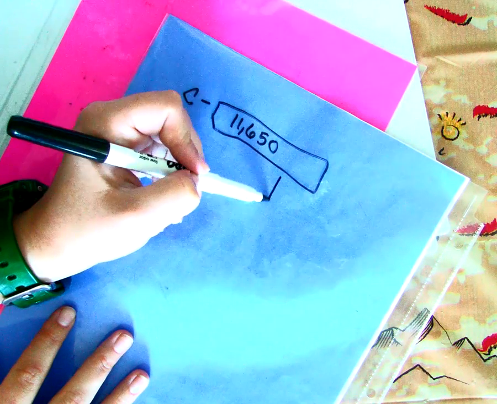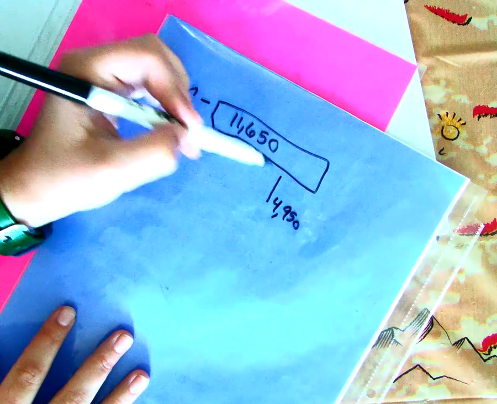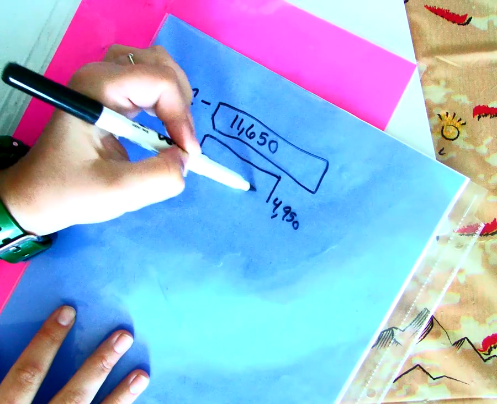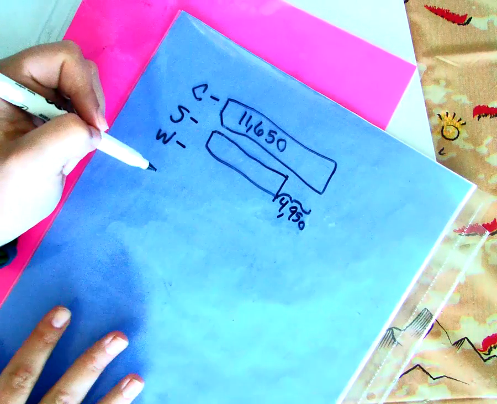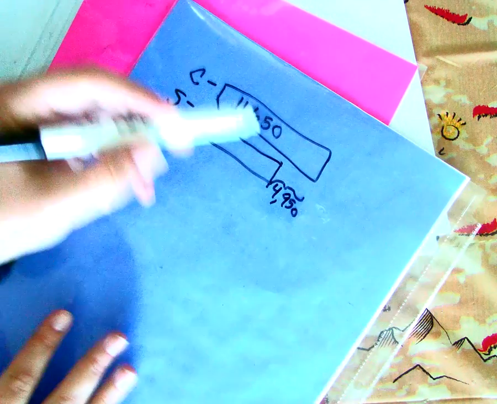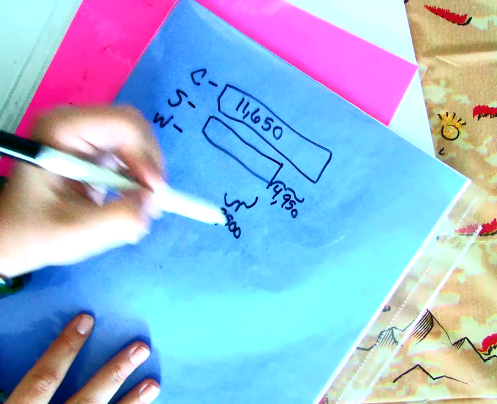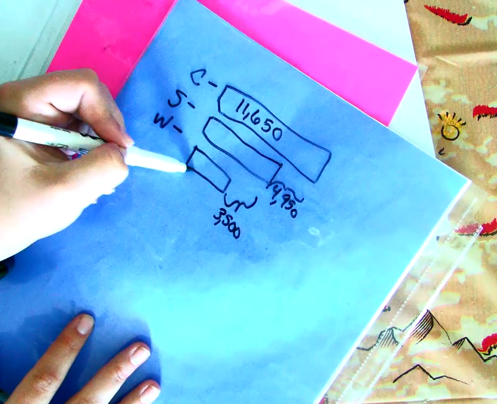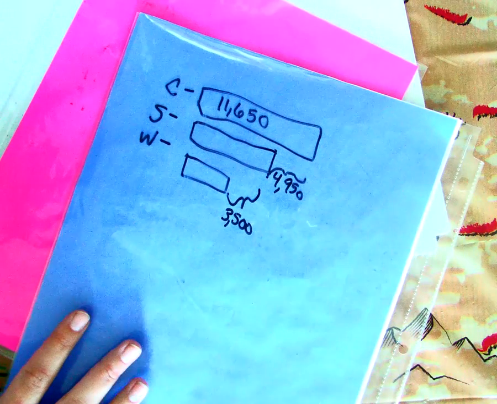So I'm going to have to go back 4,950 for this problem. And wool is 3,500 fewer than the silk. And that sets up your problem for number 1.